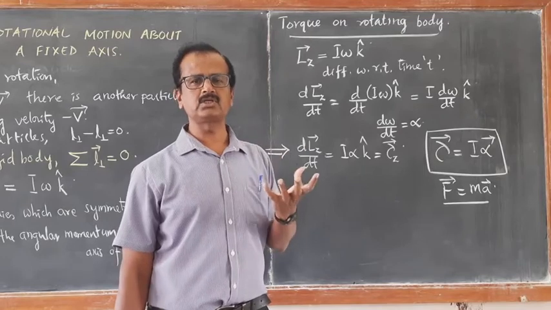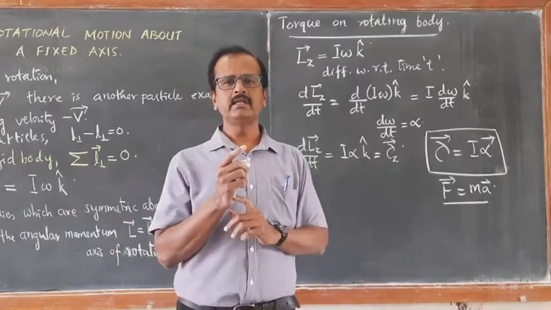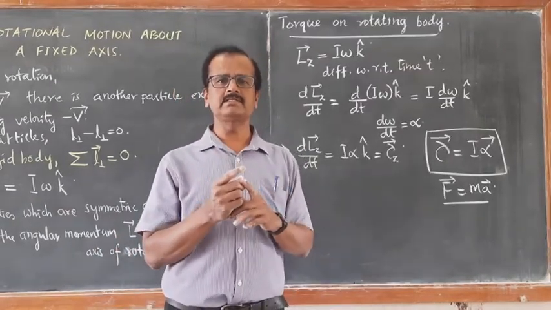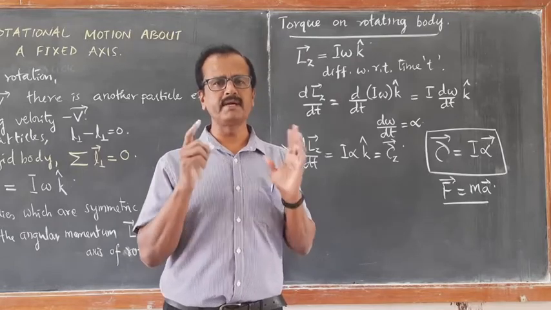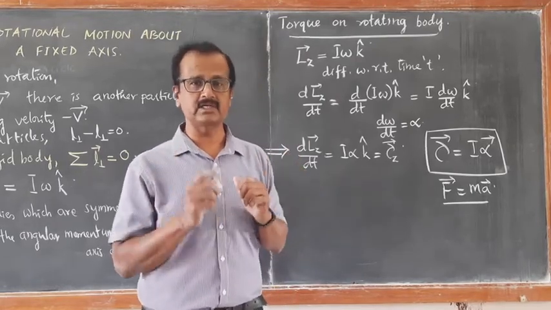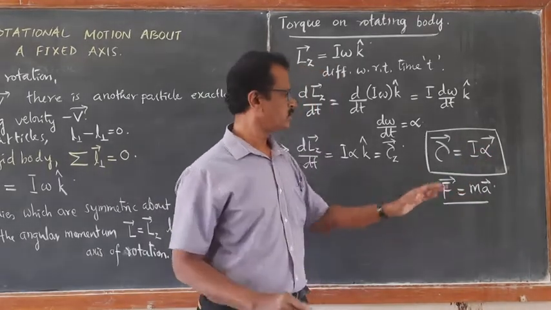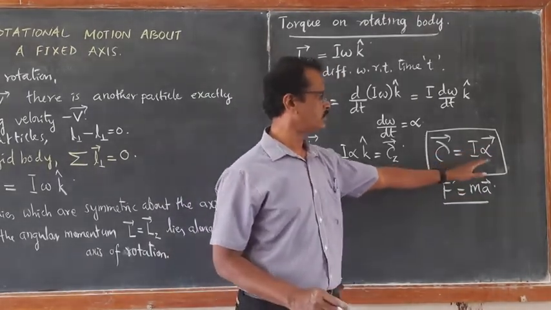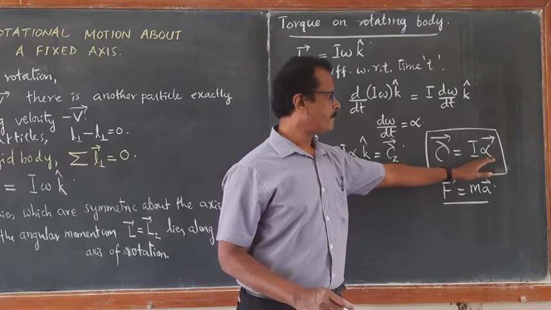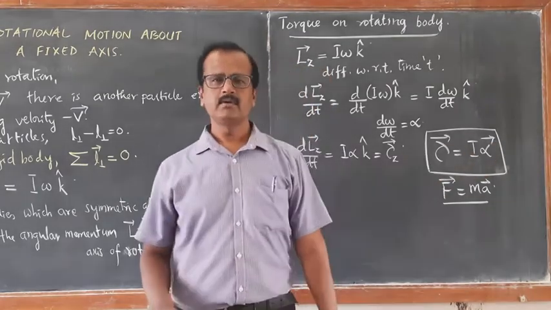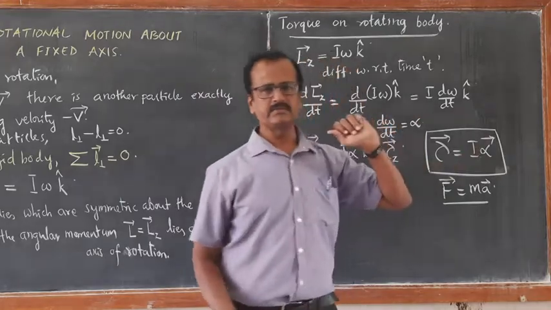Whenever there is an external torque acting on a rotating body, the external torque is equal to the product of the moment of inertia and the angular acceleration, just like external force is equal to the product of mass and acceleration.